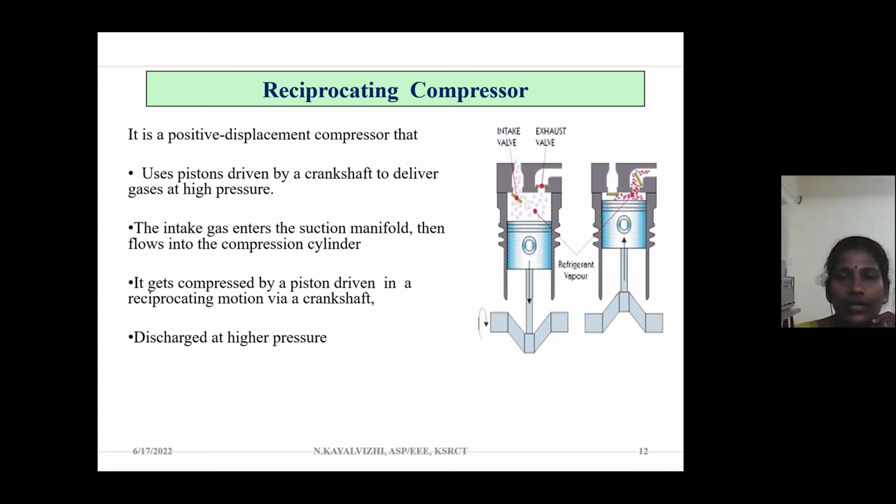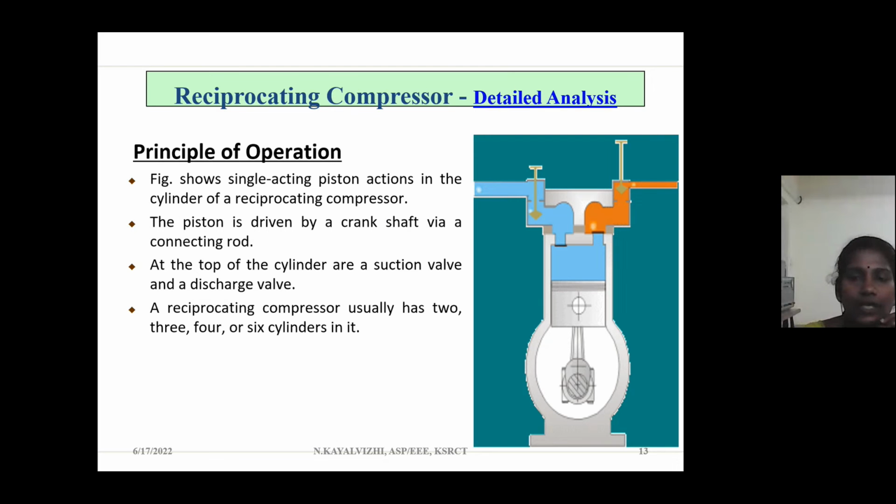That is shown in the second figure. The air will be compressed and exhausted through the exhaust valve. So this is the principle of operation of a reciprocating compressor.